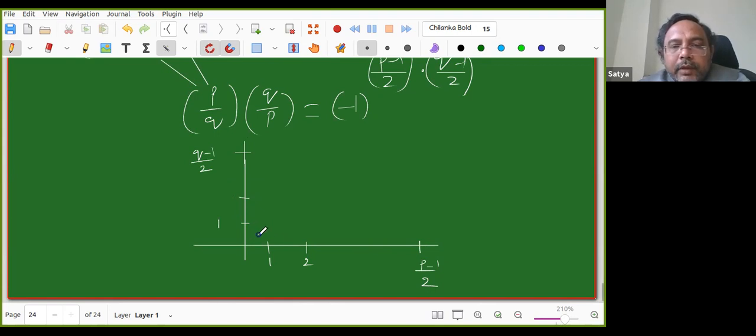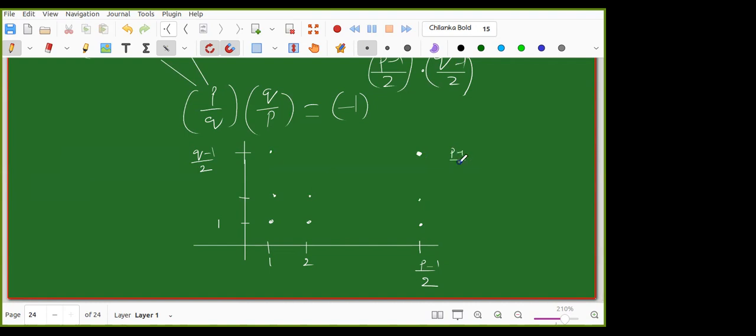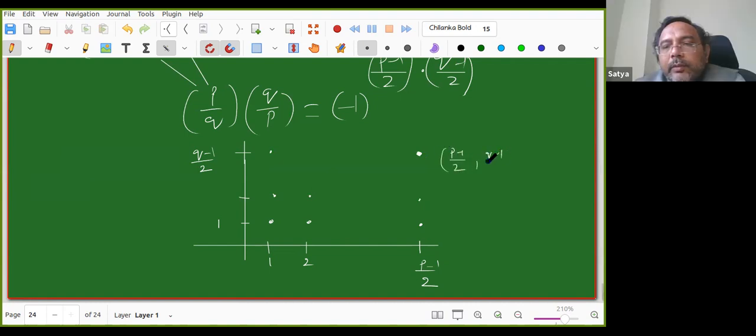Then he drew the line px = qy. This is (1,1), this is (1,2), and this is ((p-1)/2, 1). So this point is (1,2), then (2,2) and so on, up to ((p-1)/2, 2). Can somebody tell me what this particular point is? ((p-1)/2, (q-1)/2), correct?